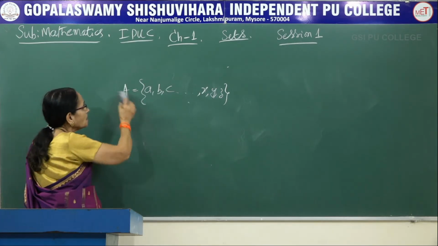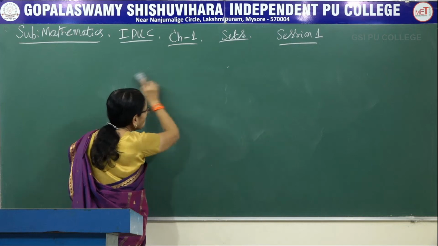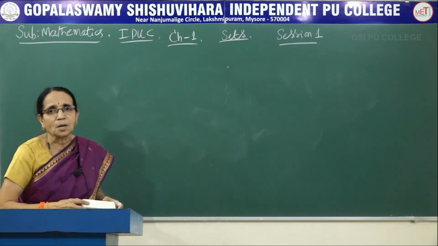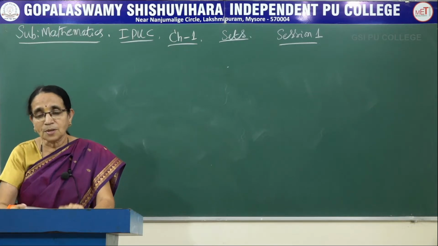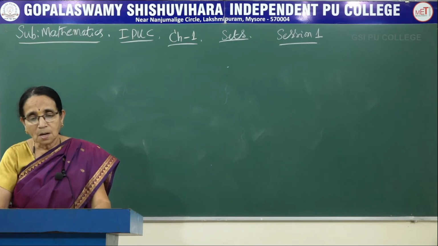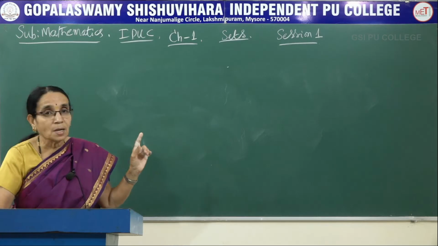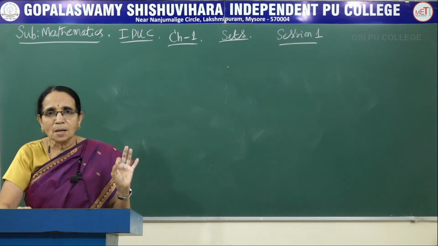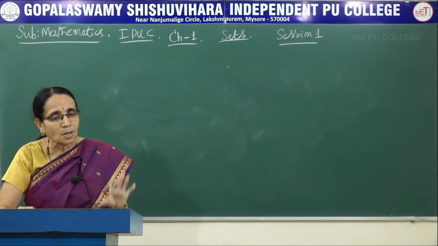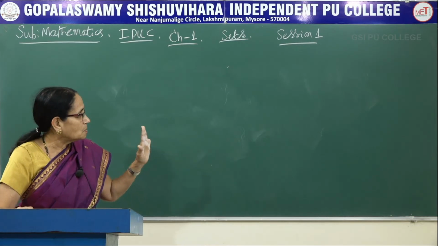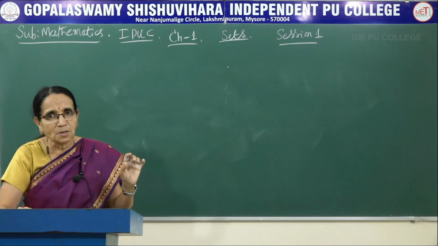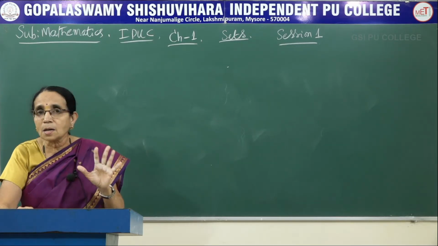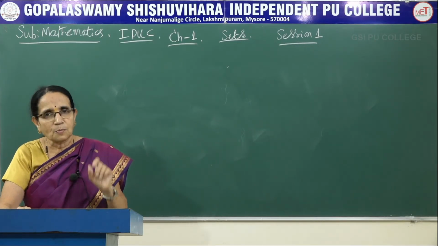So this is the information about the definition and the notation of a set. The sets are denoted using capital letters, the elements are denoted using small letters, the members or objects of the set are called elements or members, and they always have to be enclosed in a pair of flower brackets.